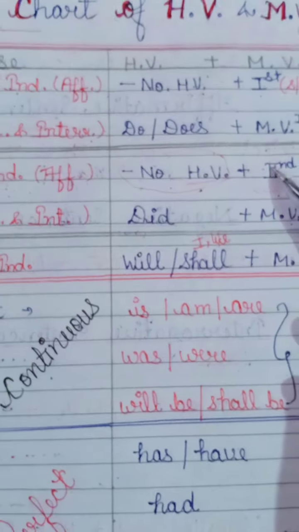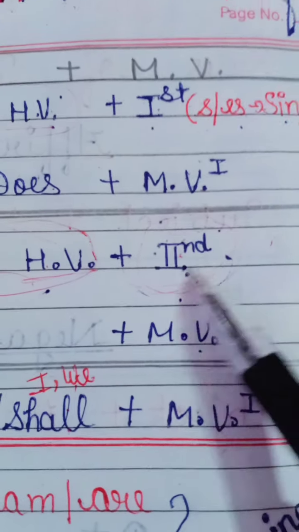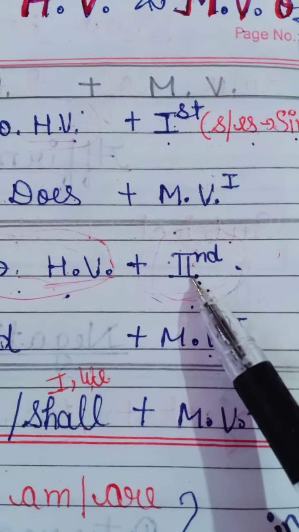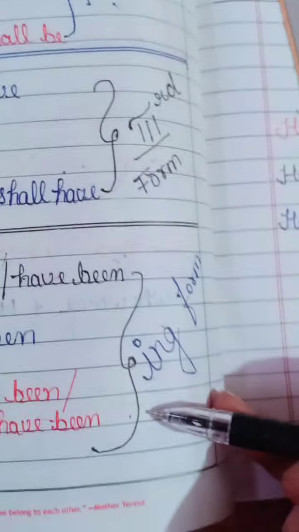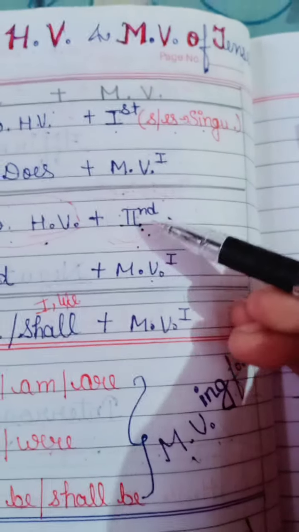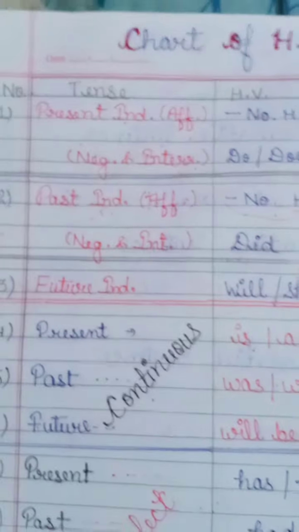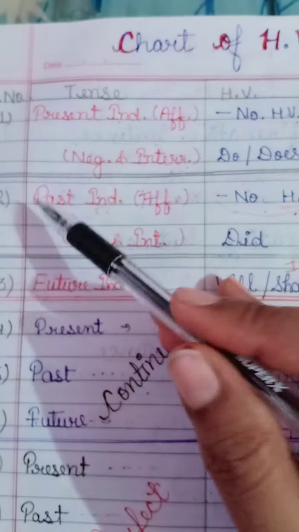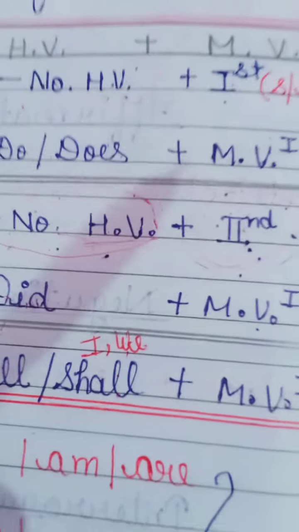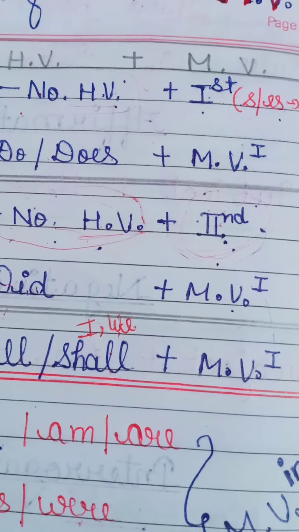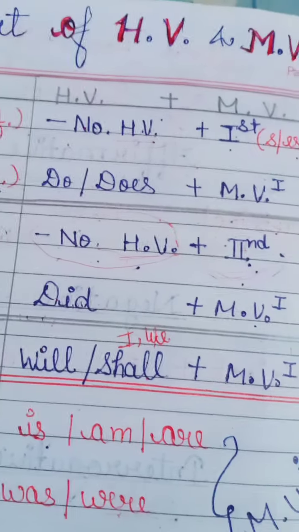Only this part of the tense takes the second form of main verb. In all the tenses we can see any other tense is not taking the second form of verb. Only the affirmative part of past indefinite tense takes the second form of main verb. Okay.